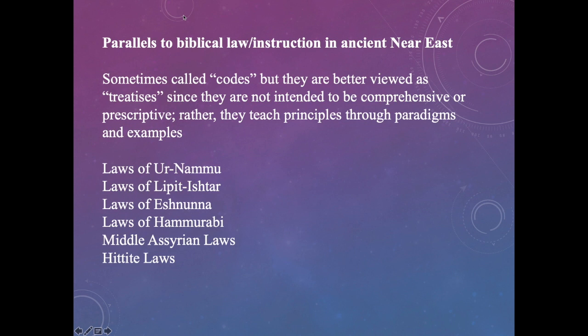So we have, for example, the laws of Ur-Nammu going back 4,000 years at least, or even earlier, the laws of Lipit-Ishtar, the laws of Eshnunna, the laws of Hammurabi, the Middle Assyrian laws, and the Hittite laws. And all of these, in some ways, are constructed in a similar way to what is in the biblical text.